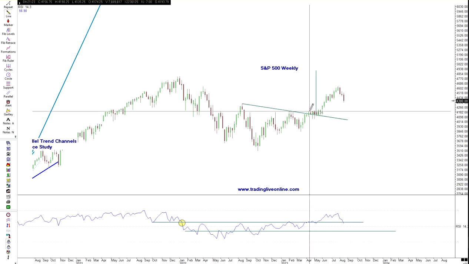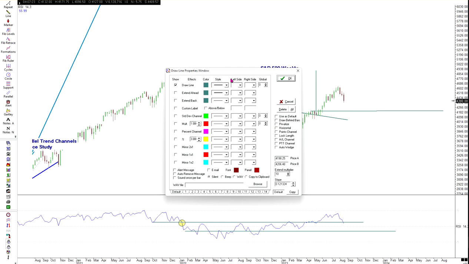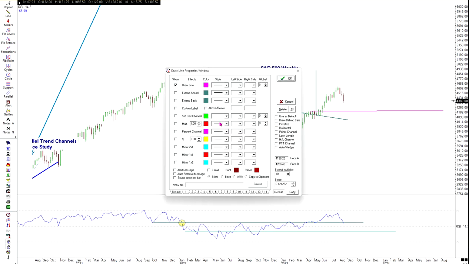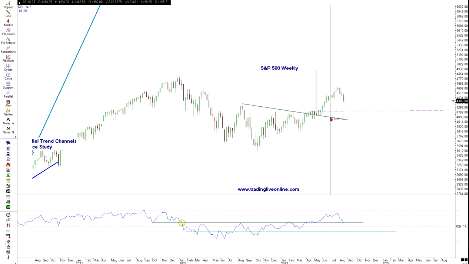We know 4,200, so let's draw a line right across about that level. I'm going to change the color so I can remember why I had this here. There we go. So we know 4,200 right here, and then below here, that's around 4,050, and that was the lows of these tests. So I think that's an area worth watching as well.